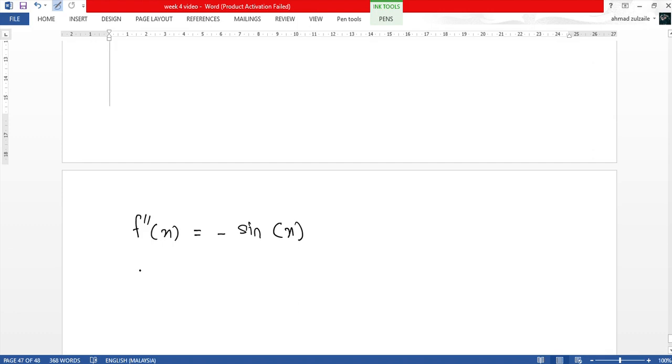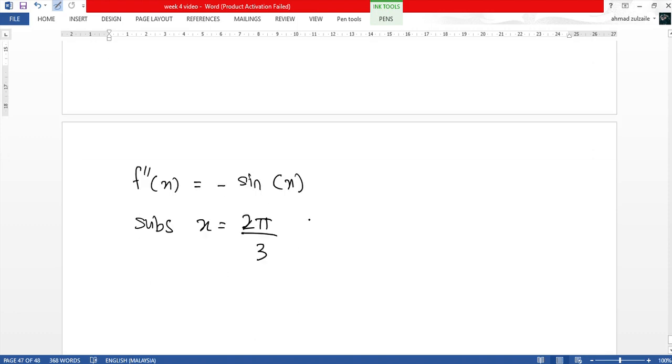So substitute x equal to 2 pi over 3 into f double prime. Because in order to determine the nature, we have to use the second derivative test. So substitute x equal to 2 pi over 3 into f double prime. Don't substitute in f, because with f we already got the coordinate of the turning point previously, but substitute into the f double prime. So therefore we can get whether you have a positive or negative.